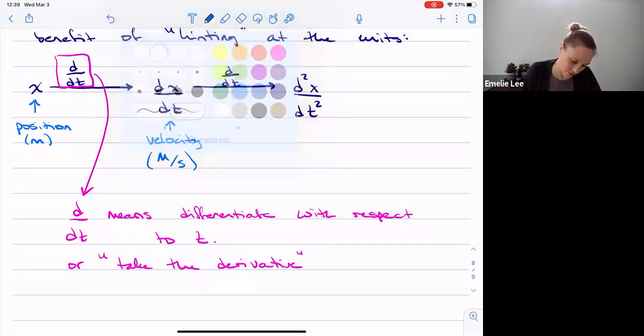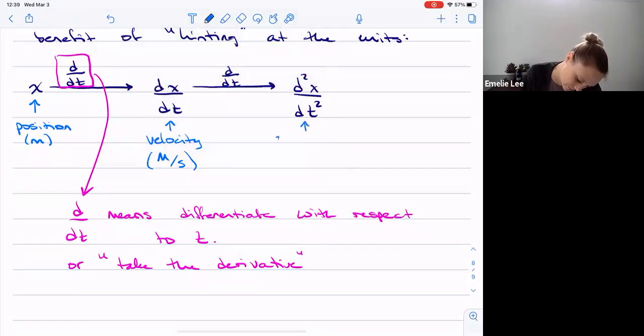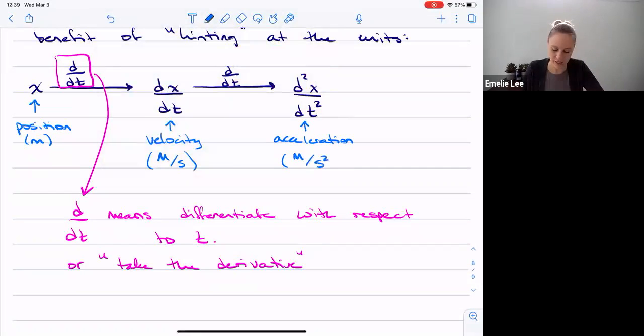And the second derivative is the acceleration, which is meters per second squared. Notice that here the x is just held as x, so it's still just meters, but t is squared, so it's per second squared.